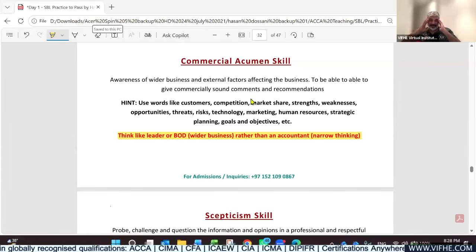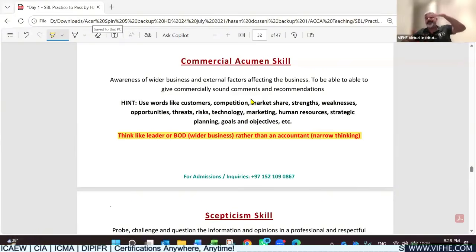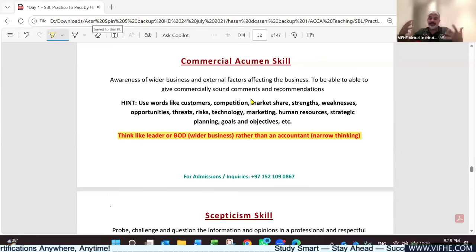Do you understand the difference in approach? Accountants just focus on cost, but a leader will always focus on growth, revenues, profits, staff motivation, marketing.